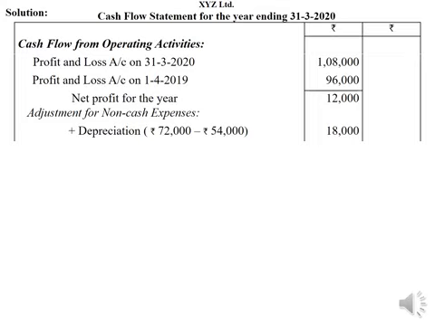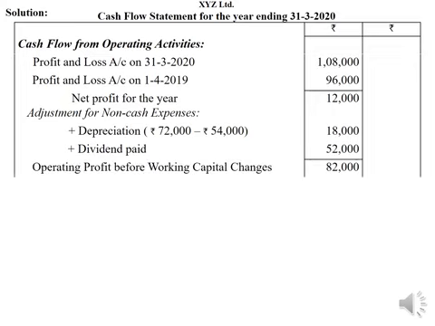It has to be added back as a non-cash expense. Next is dividend paid. Rupees 52,000 has to be added back because it comes under financing activity, not under operating activity. Then the total gives operating profit before working capital changes.